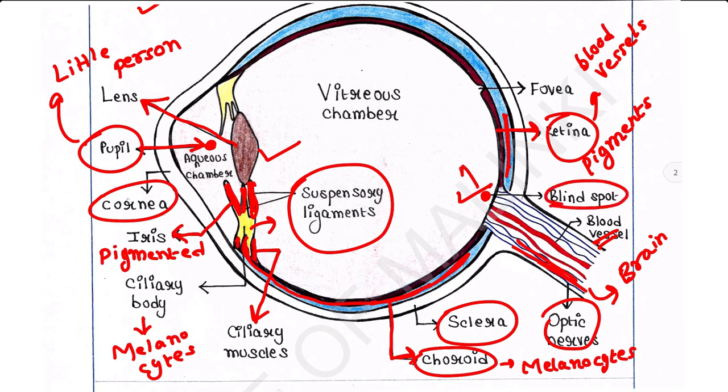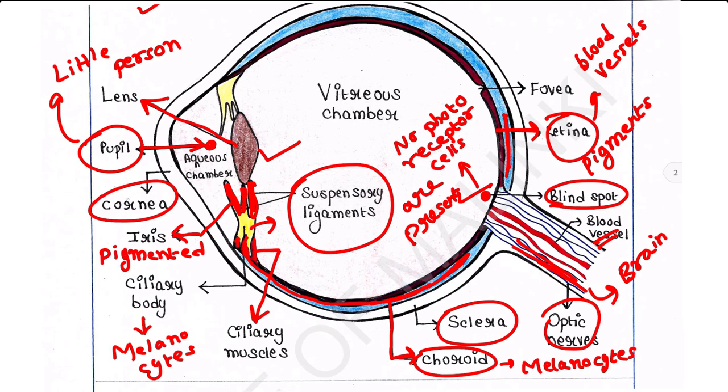No image can be formed here because photoreceptor cells are absent. That's why it is called the blind spot.